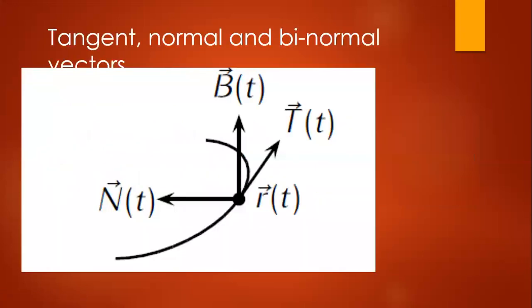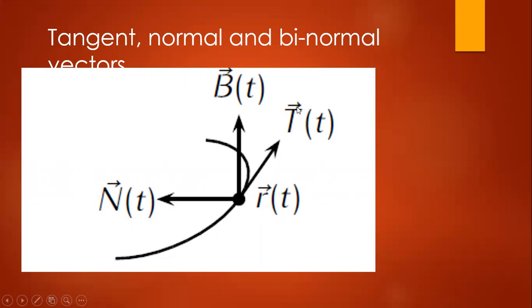Okay, our next topic is tangent, normal, and binormal vectors. Let's say we have a curve, and we call this curve r of t. Let's fix this point P. A line which passes through the curve by touching one point of it is a tangent.